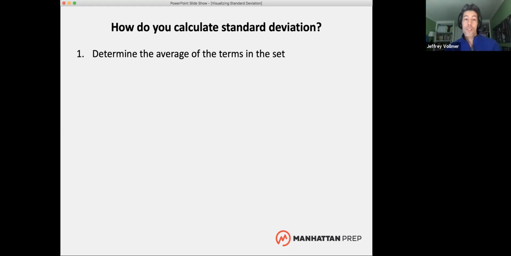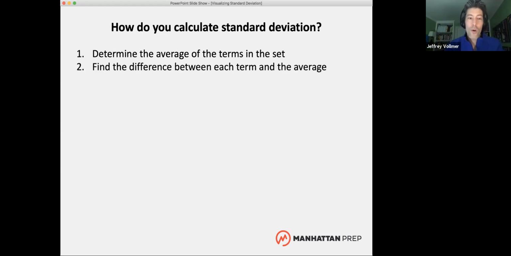So the first thing to do is to figure out the average of the overall set. Then we are going to figure out how far each term is from the collective average. Once you've got all those differences, or distances from each term to the average, you are going to square them.